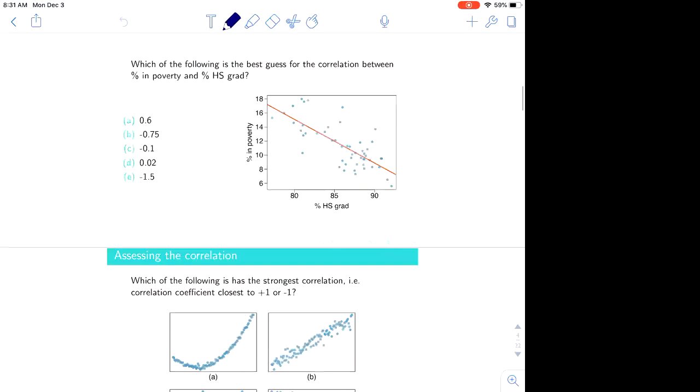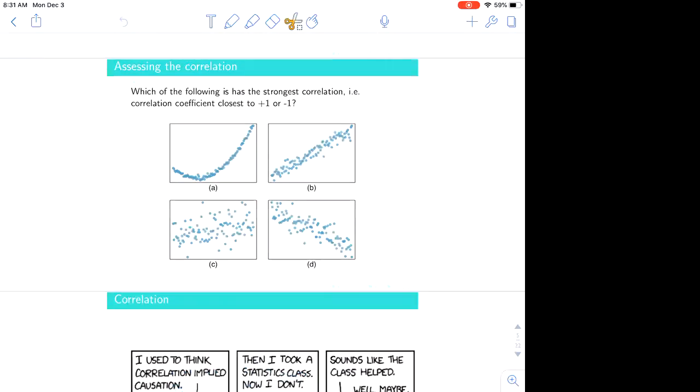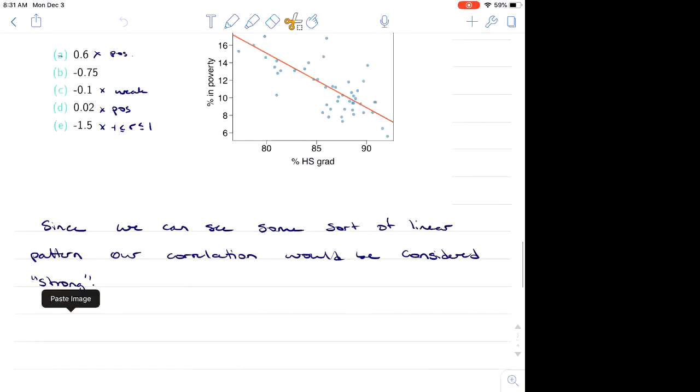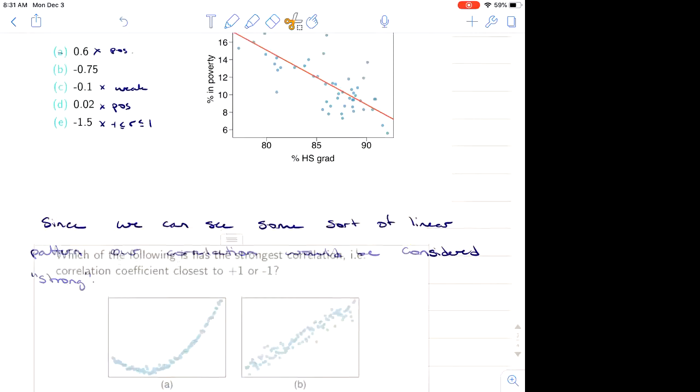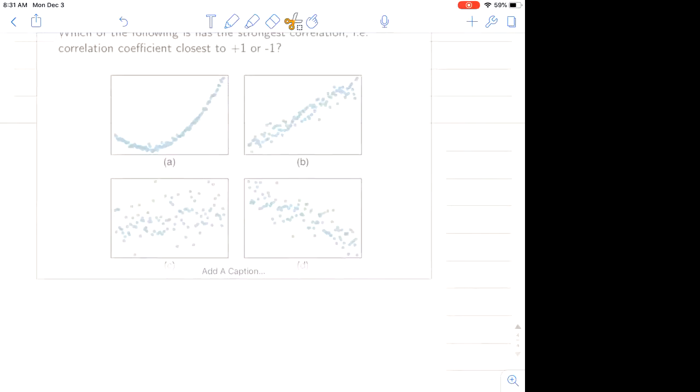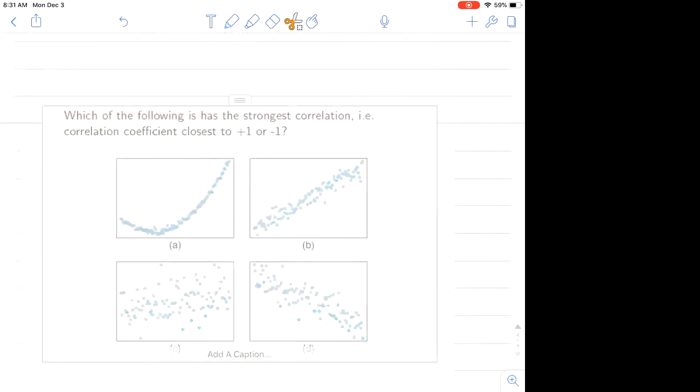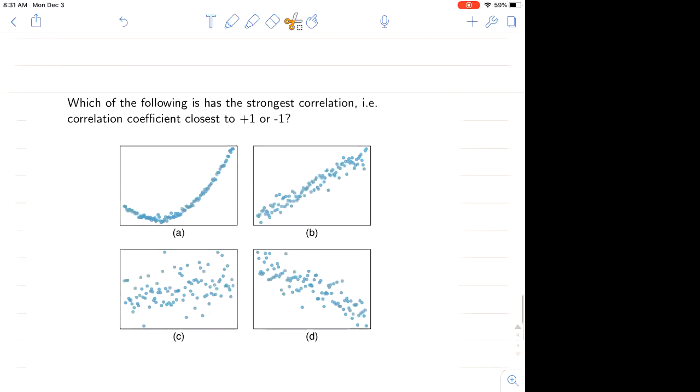How about if we just had to look at these? Another page break. Okay.